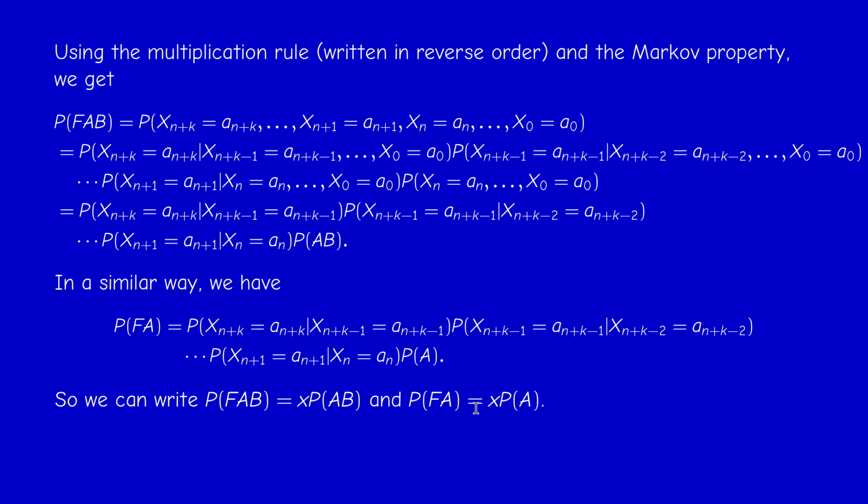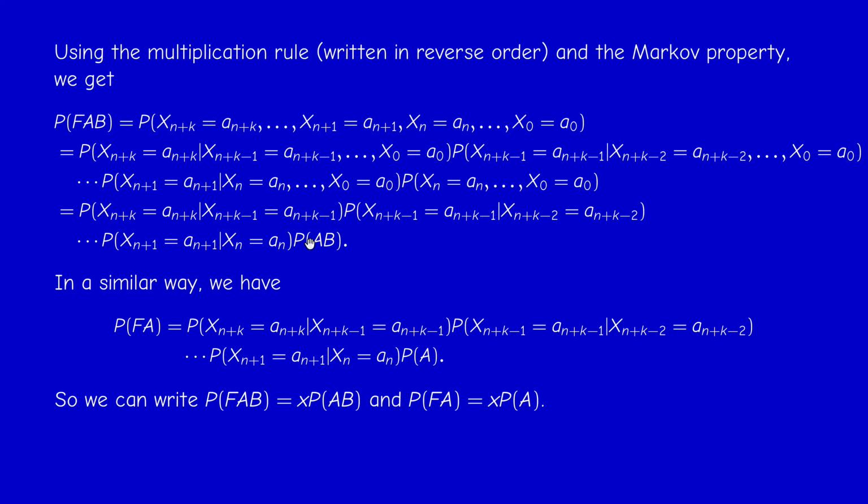So how can we reformulate these two facts? p of future, present, past is equal to some number times probability of AB. So this product up to PA plus B, I call it X. So I can write P of FAB is X times PAB.